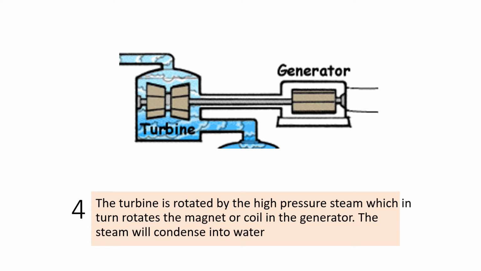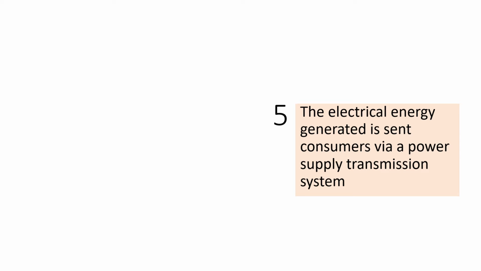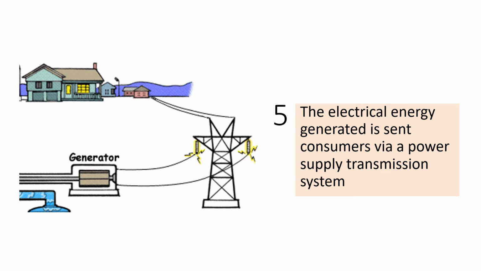After it rotates the magnet or coil in the generator, the electrical energy generated is sent to consumers via a power supply transmission system. Yay! So we have already generated electricity.